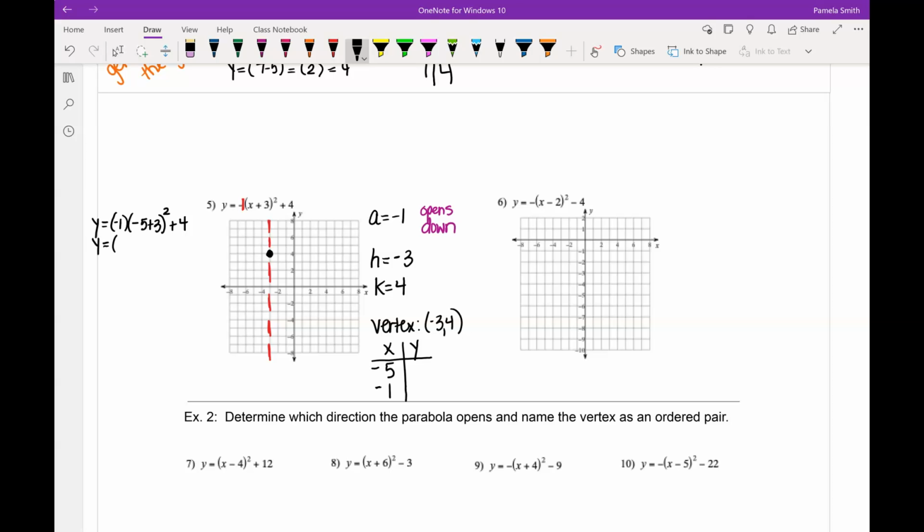So y equals -1 times the quantity -2 squared plus 4. -1 times 4 plus 4. So -4 plus 4 is 0.